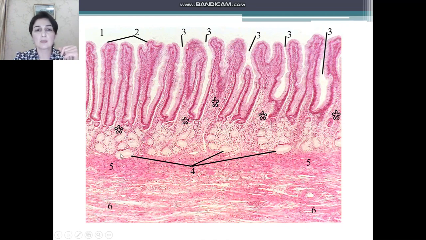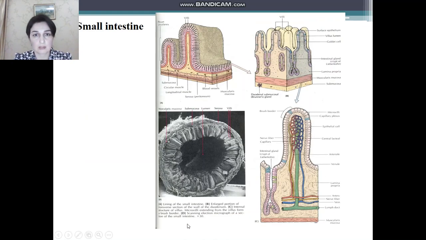These glands include mainly mucus producing cells. They also have surface absorptive cells, but the number of chief cells and parietal cells is low in the cardial glands, and in pyloric glands we don't even have them. And so here we have the submucosa, then the muscularis, and the serosal layers.